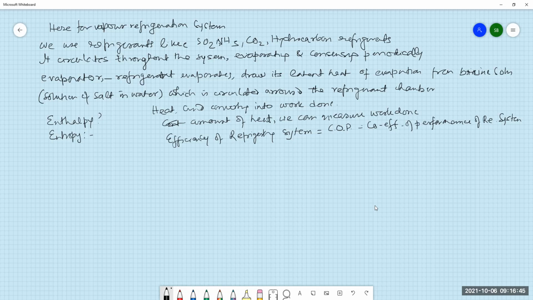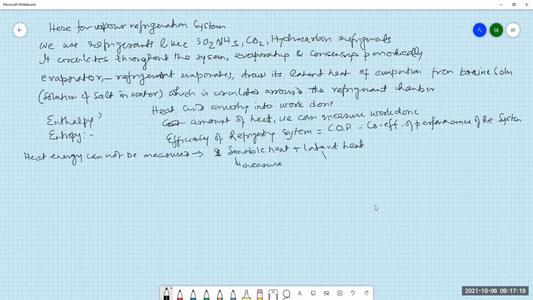Now, the question is here: heat energy cannot be measured. It has two contents: sensible plus latent heat. Sensible heat you can measure, but latent heat you cannot measure.